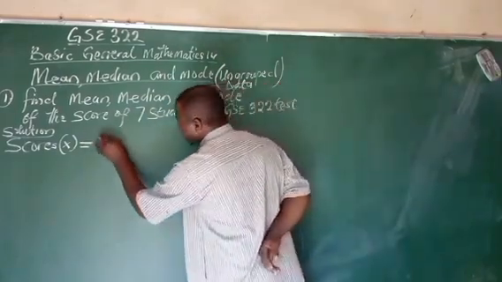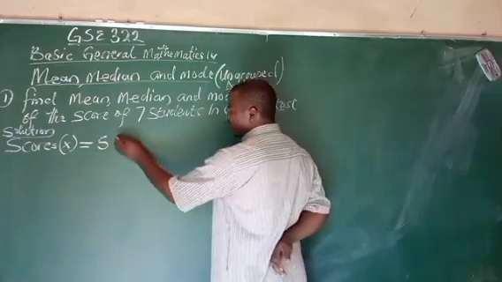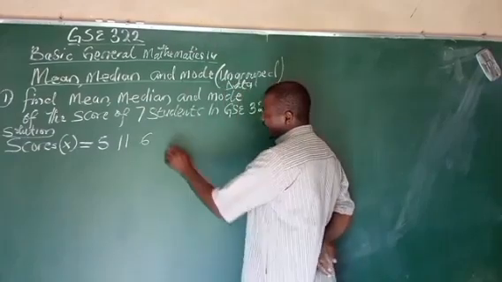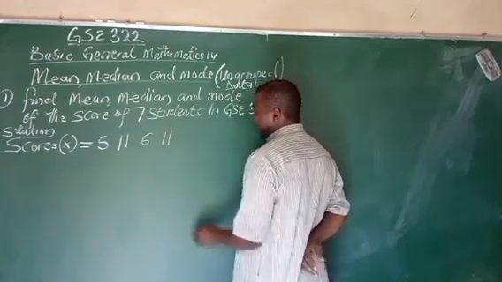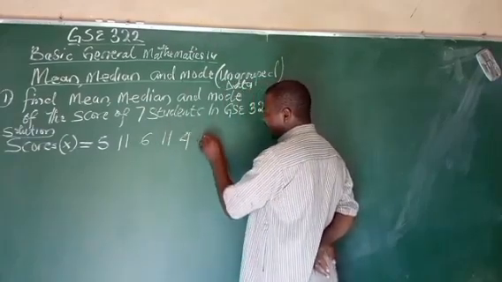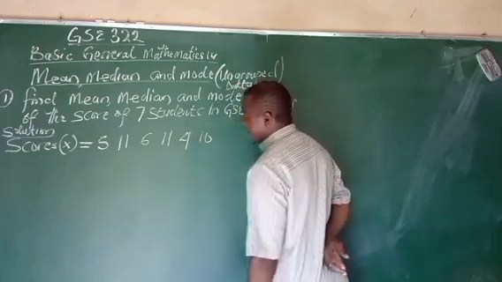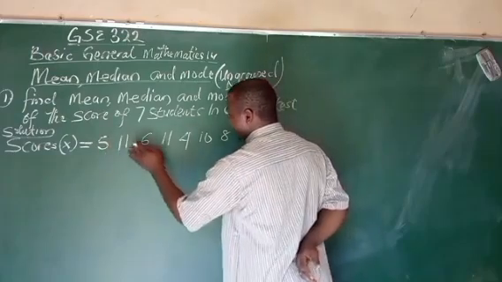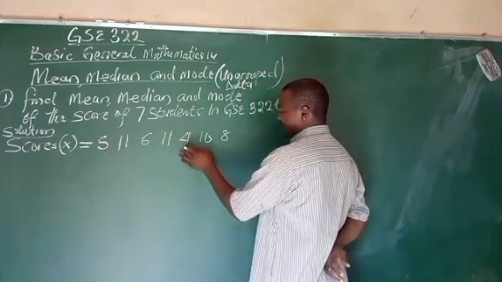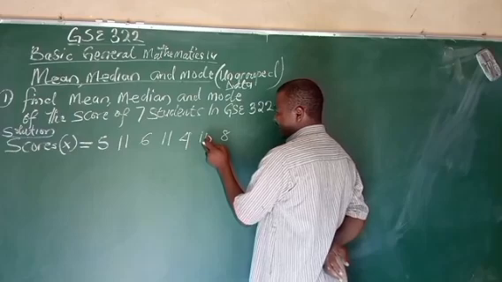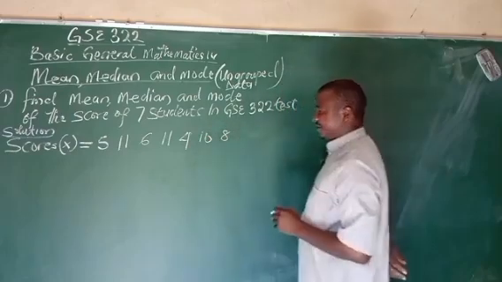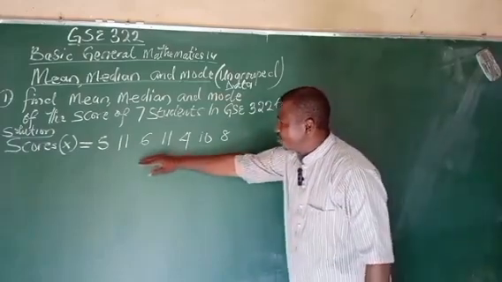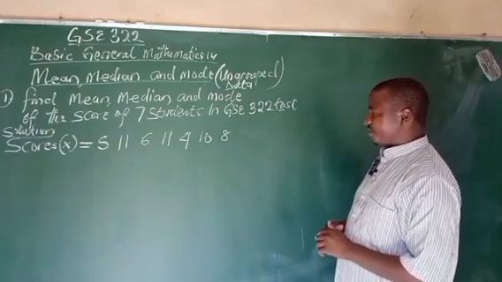One student scored 5, another scored 11, another scored 6, another scored 11, another scored 4, another scored 10, another scored 8. That is 1, 2, 3, 4, 5, 6, 7. So these are the scores of 7 students.